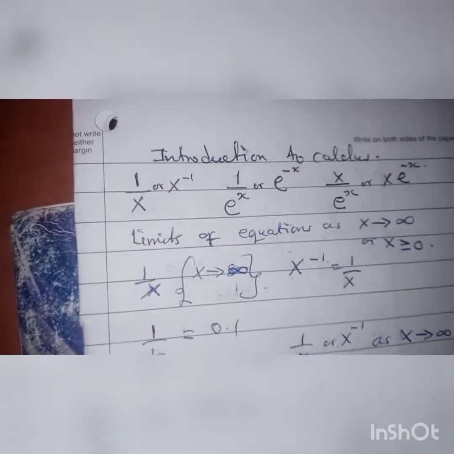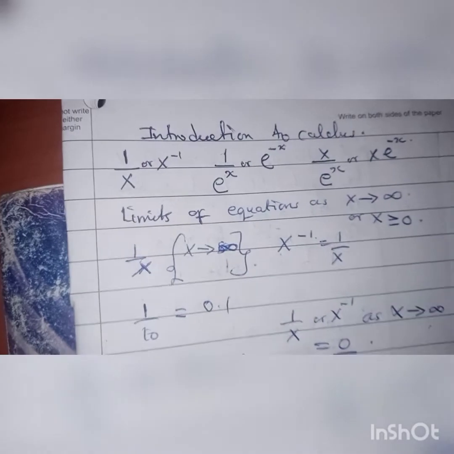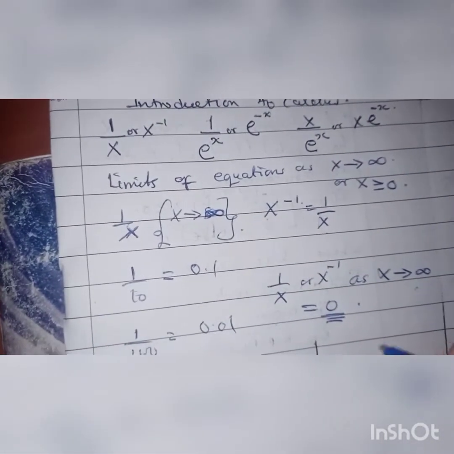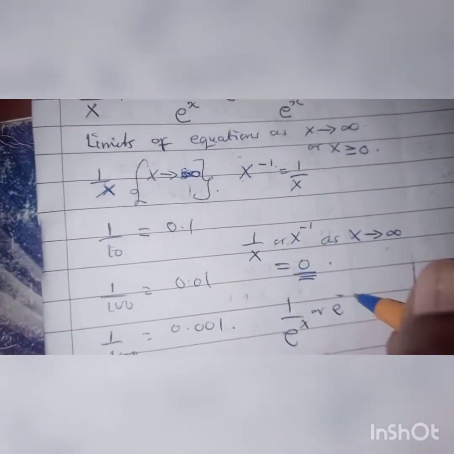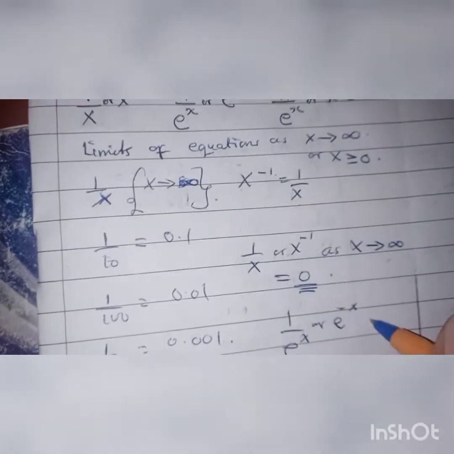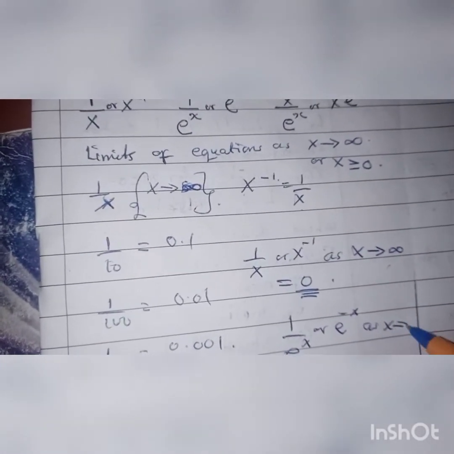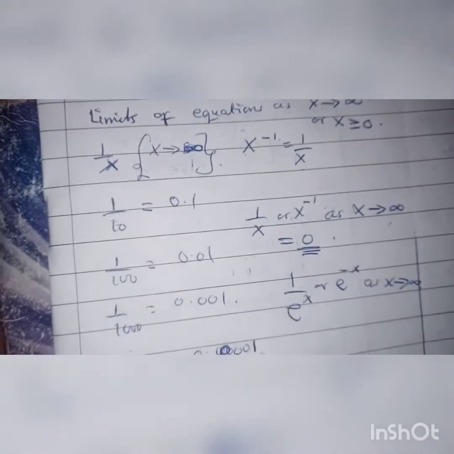So let's proceed to the next function, which is 1 over e raised to power x, or e raised to power negative x. So as x now approaches infinity, what is happening to that function?